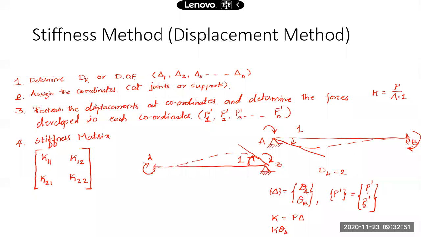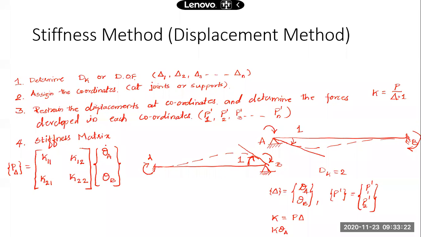If I want to know, due to theta A and theta B, what are the forces developed in the coordinates, then I'll simply multiply this matrix with the displacement matrix theta A, theta B. It is going to tell me what is the force due to the displacements given at joints A and B.